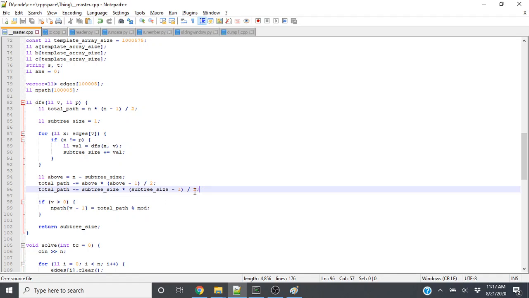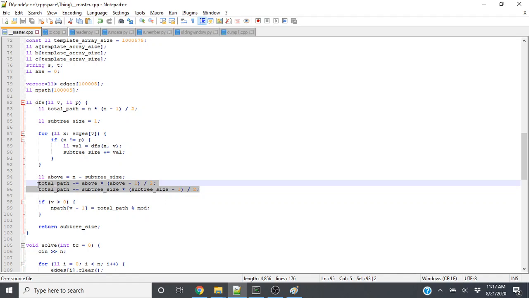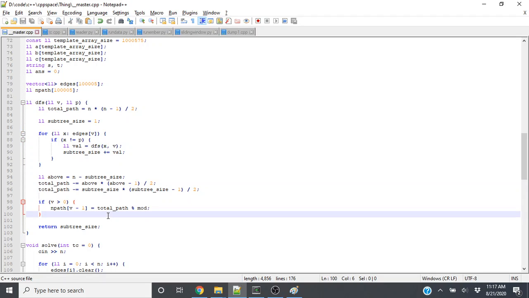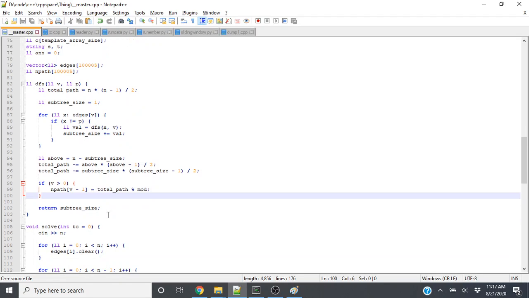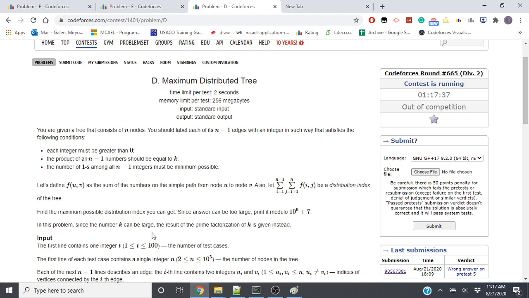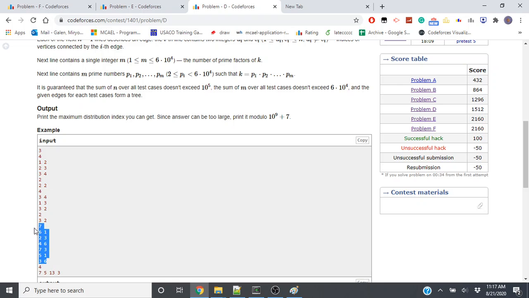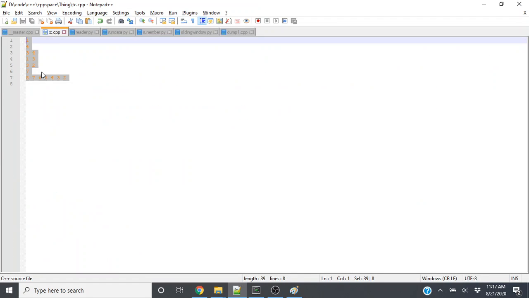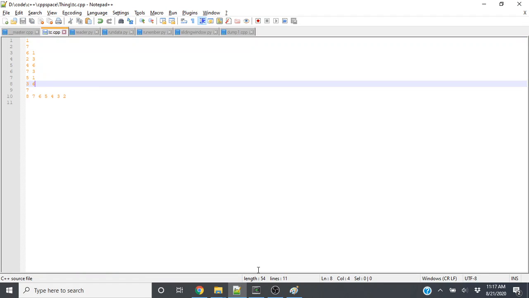So we shouldn't have negative modding issues because this is always going to be greater than 0. Return subtree size. Okay, I mean, I guess we can try some random case and see if we get our runtime error or something.